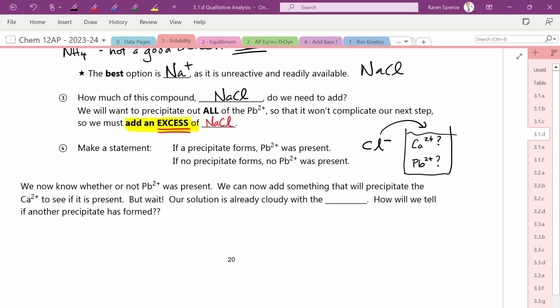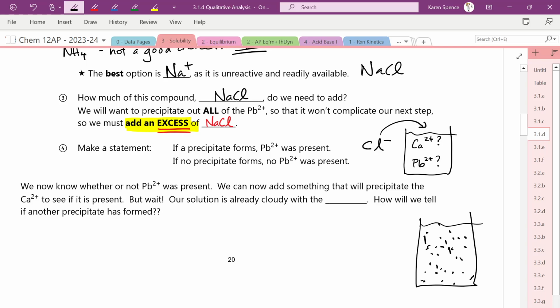Now let's assume that we got a precipitate. We're still wondering if calcium is in there.